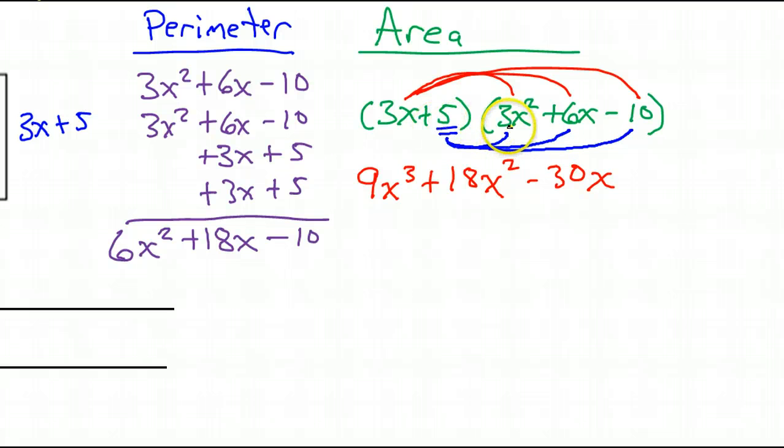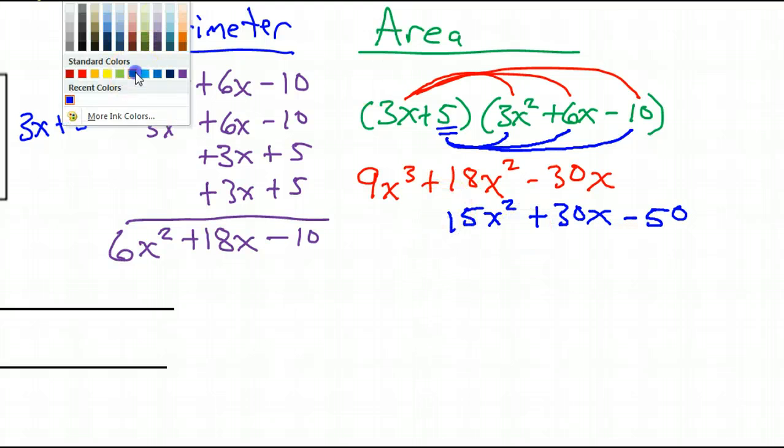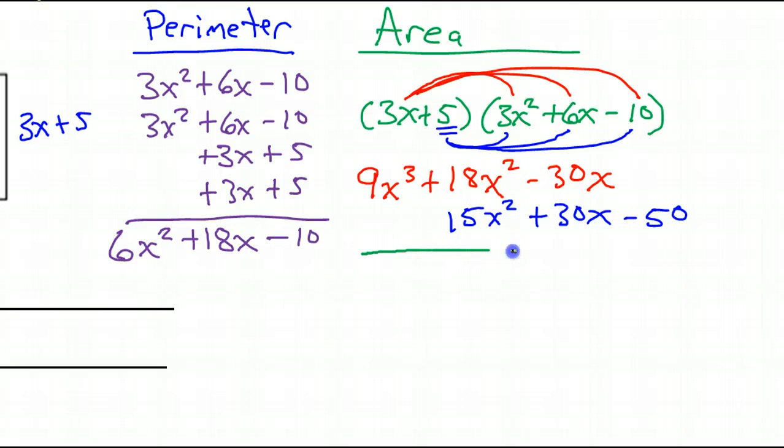So 5 times 3x squared is 15x squared. So I'll have 15x squared right here. Line up your like terms. It'll make your life easier. 5 times 6x, well, 5 times 6 is 30, so that'll be 30x. And then 5 times negative 10 is negative 50. If we add all that up, that should be the answer.